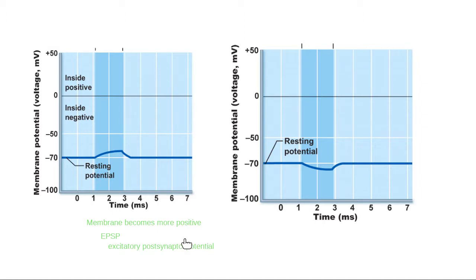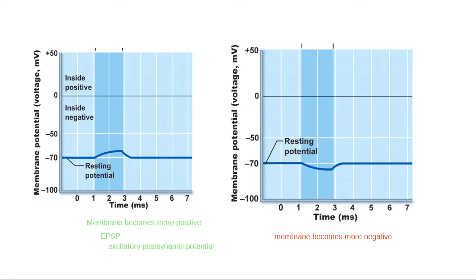Sometimes, though, the message that I receive doesn't make my membrane charge go up. Sometimes the message that I receive makes my membrane charge go down. And that's what we see over here. So sometimes when I get a message, my membrane becomes more negative.